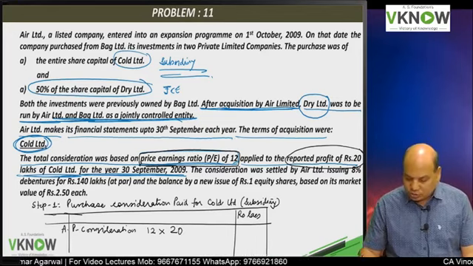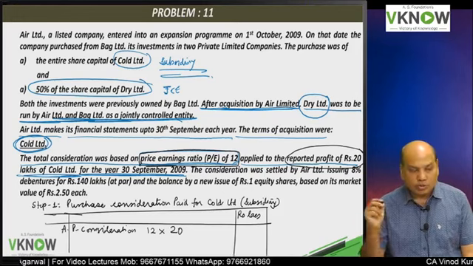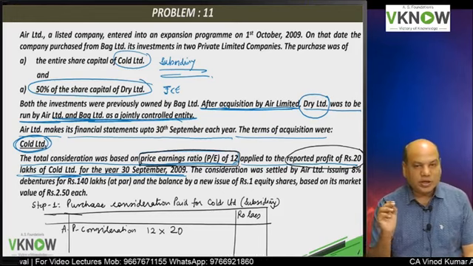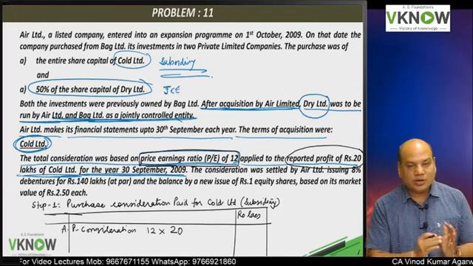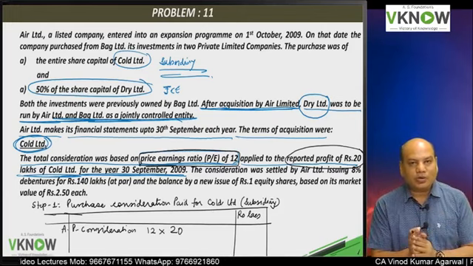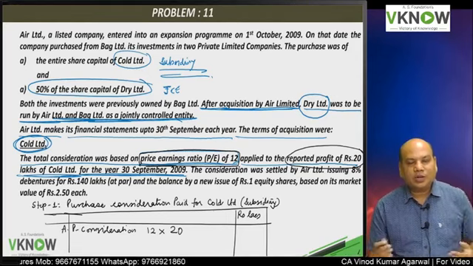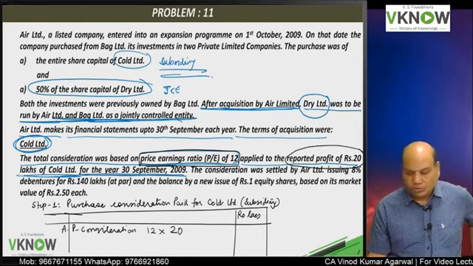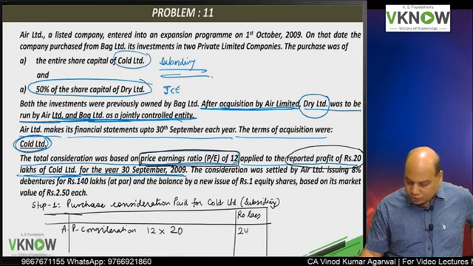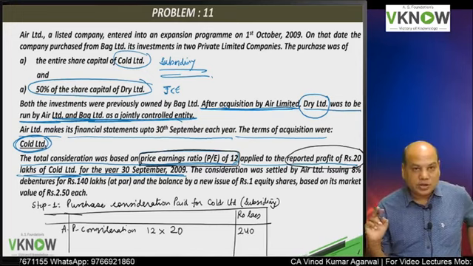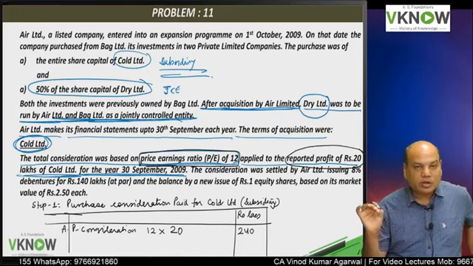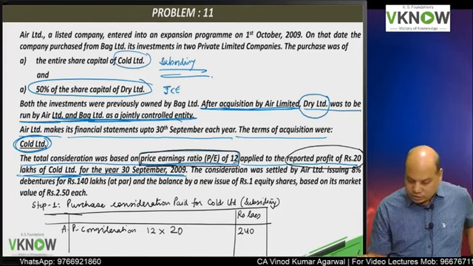You will study this in the financial management subject. That is how companies are valued. Earnings of 20 lakh multiplied by the price to earning ratio of 12 times, 240 lakh is the purchase consideration paid. This is one method of computing purchase consideration.